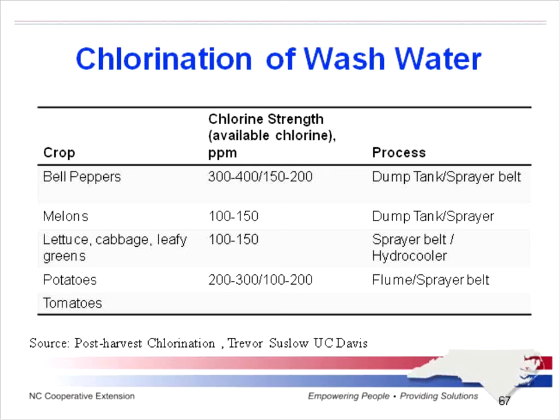Now that said, some growers are showing MPN, most probable number, and some are showing CFU, which is colony forming unit. Colony forming unit and MPN are numerically equivalent to one another, so those can be used interchangeably.